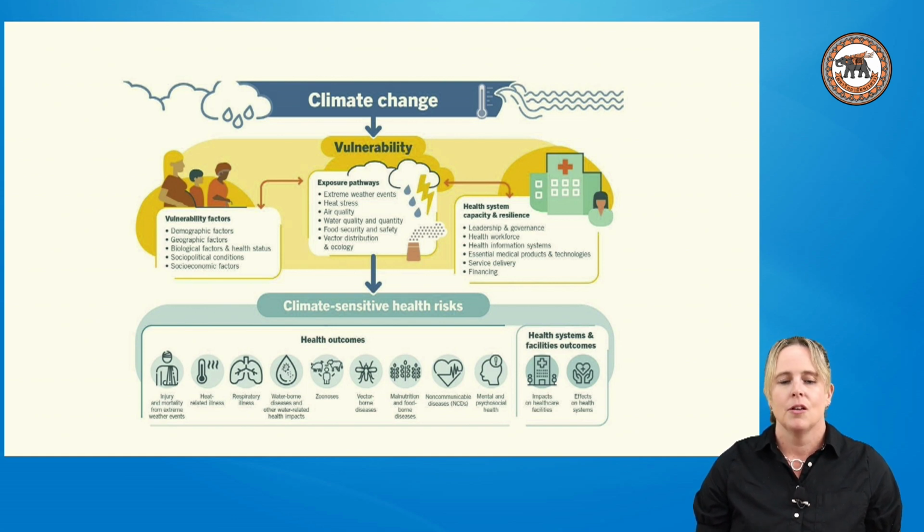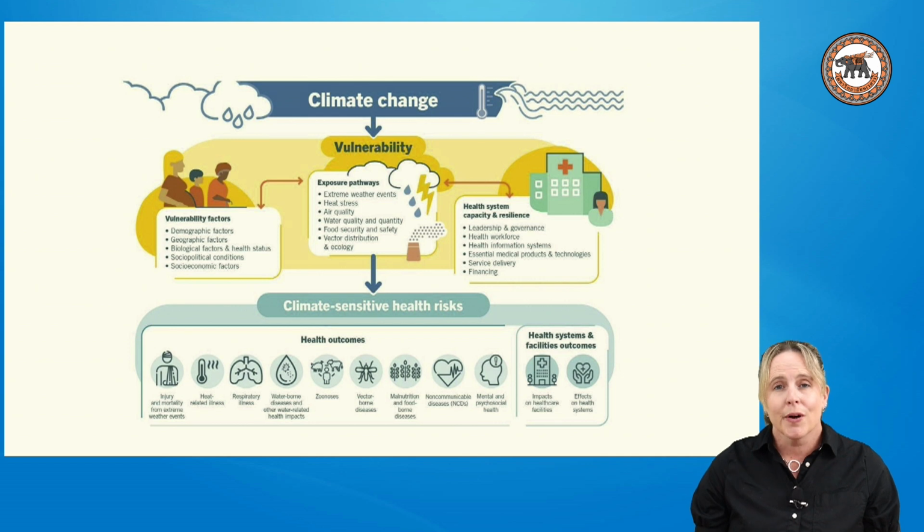communities. So at the top, you see it says vulnerability. And below that, there are the 3 areas of vulnerability: the vulnerability factors, exposure pathways, and then health system capacity and resilience. And then below that, we have the climate sensitive health risks.